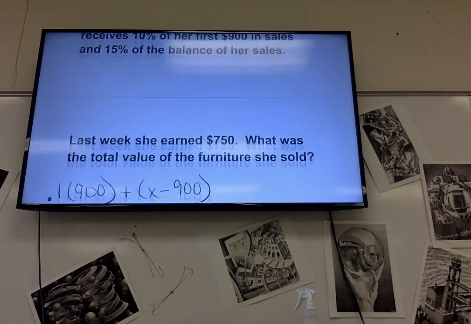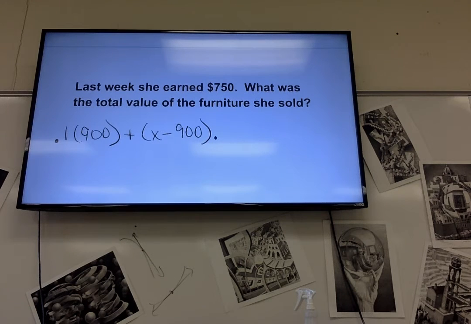And that is 15%, so times 0.15. And that should equal $750. So now we multiply these things and solve for X.